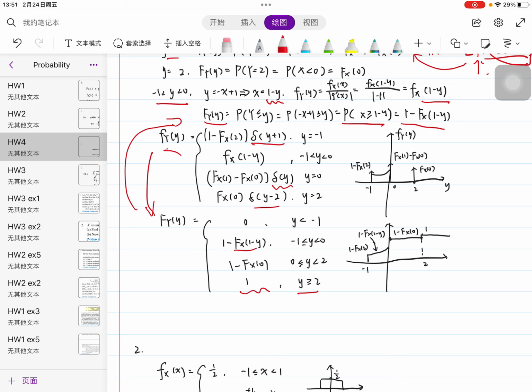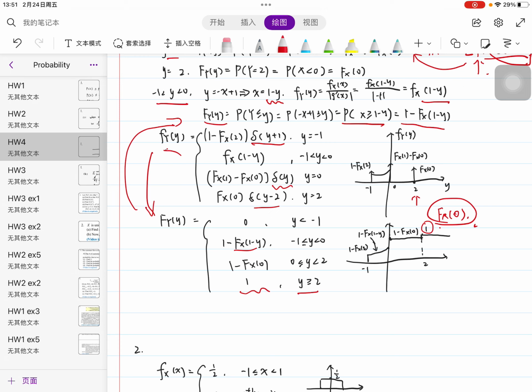So we can use the 1 here minus F_X(0). So it is F_X(0) here. Here we can see when Y equals 2, the density function has a delta of weight F_X(0).